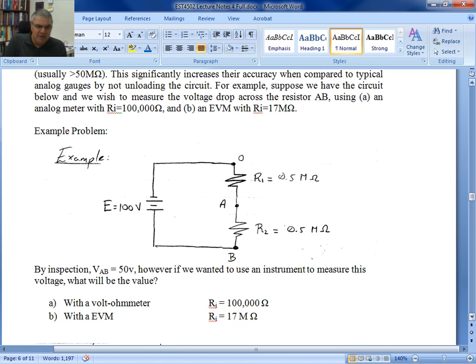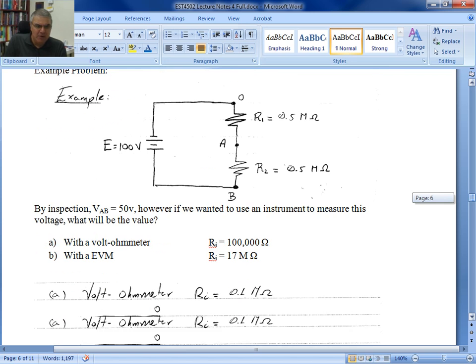We would come up with 50 volts, half of the 100 volts, since they're of the same resistance. So by inspection, we should be able to tell it's 50 volts across points A and B.